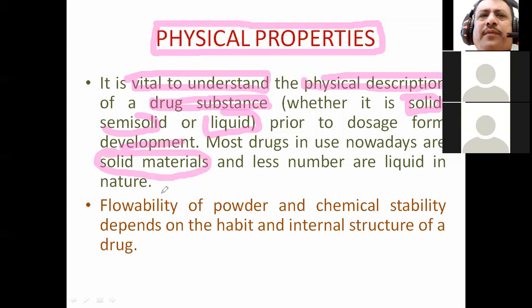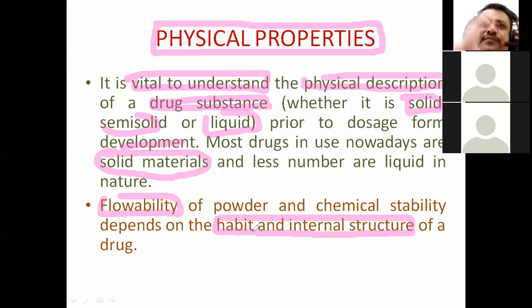Then the other properties, for example, the flowability of a powder and the chemical stability, depend mainly on the habit and the internal structure of a drug. Be it the dissolution profile, the solubility profile, or the flowability of a drug, whether it is present in a solid form or another form, it depends on the habit or the internal structure.